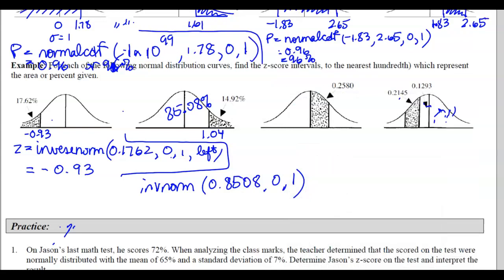All right, so then the next one, remember this is the mean, so that's 0 there, and we want to find the z-score. So we know right away that the left boundary of that is 0. Don't need a calculator for that. But we do need to know what the z-score here is.